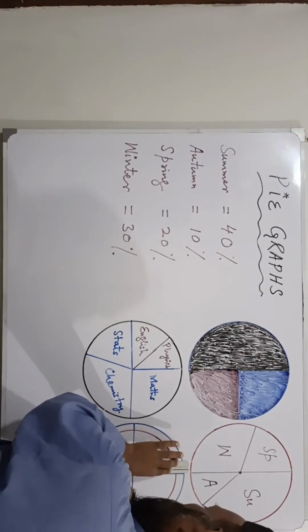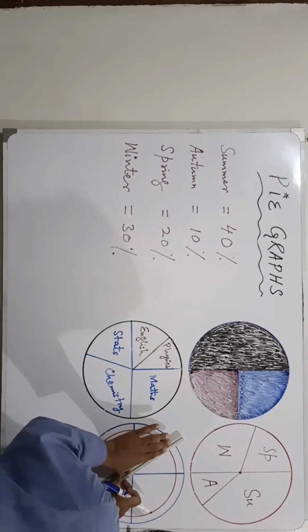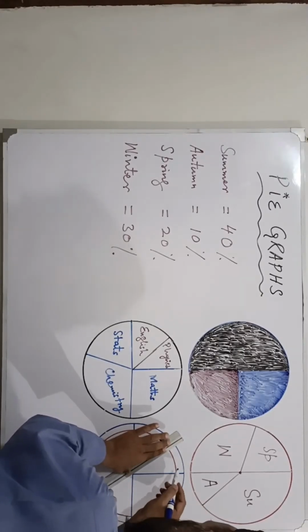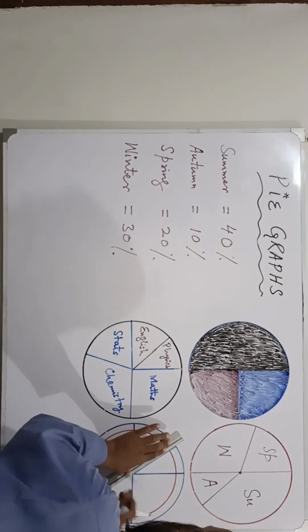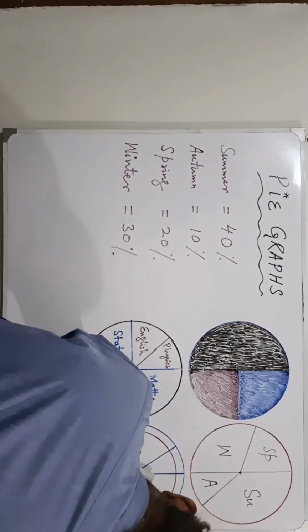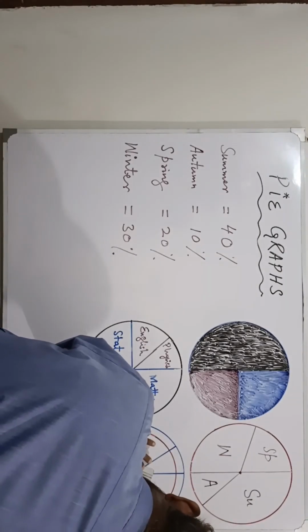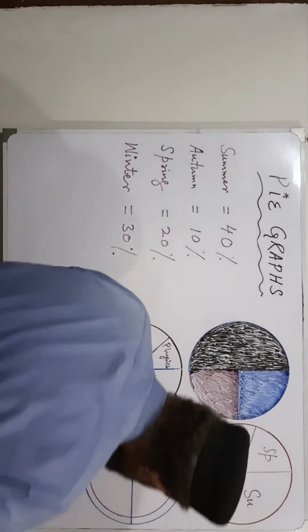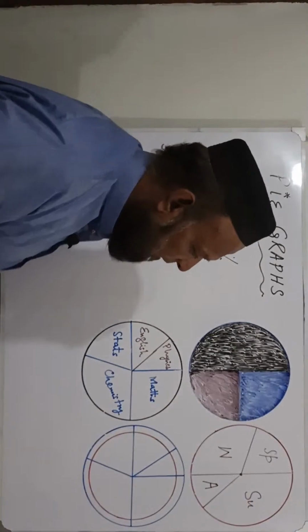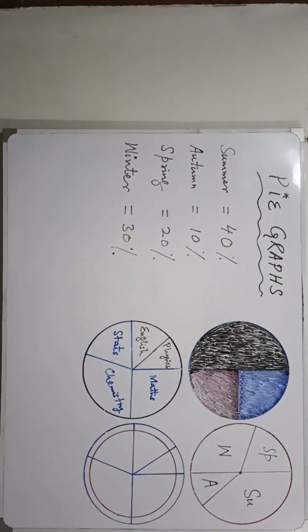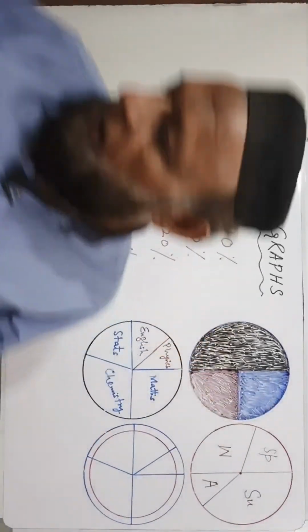This is this point. Now we have to make a donut graph. For donut graph you can see that we have double circles, circle in a circle. Why? Because now if I move further, then you can find it very easy.